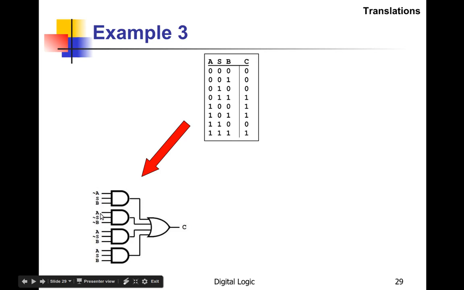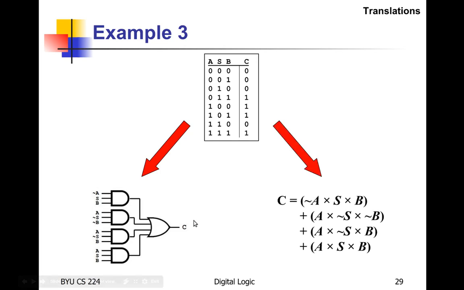And this one right here is A S not B not, so that's this second one. And this one, A not S and B. We don't need to do this because it's a 0, but we've got to get all of them, and that's an A, an S, and a B, so that's the last one, and we OR those all together.